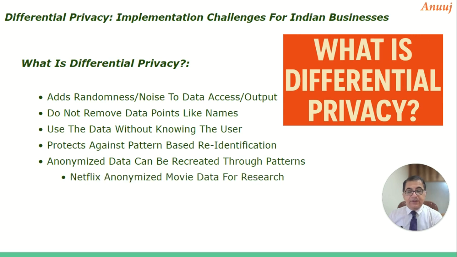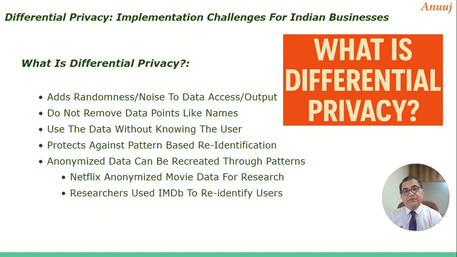Anonymized data could get recreated. For example, Netflix anonymized a research on a movie and sent it to the public for further analysis. IMDb did something similar on the same movie. They also published, but without anonymization.